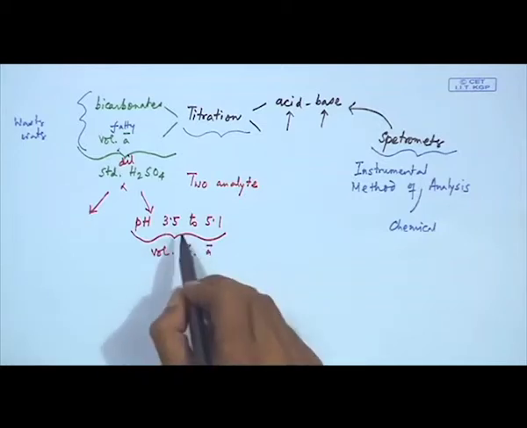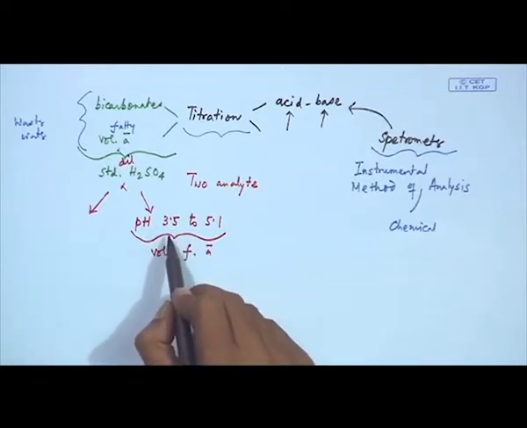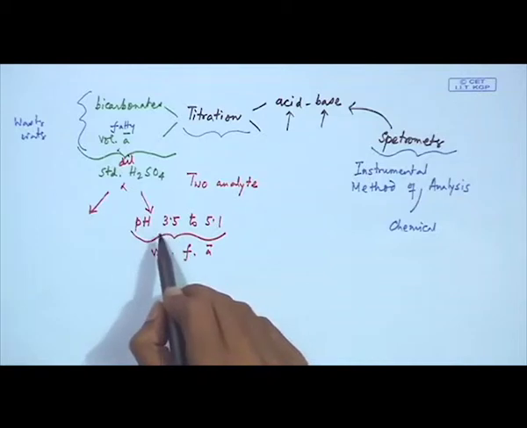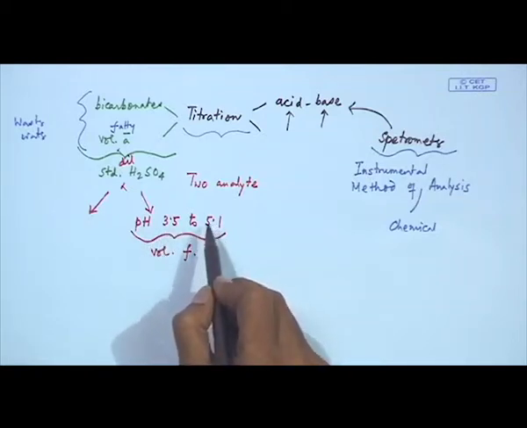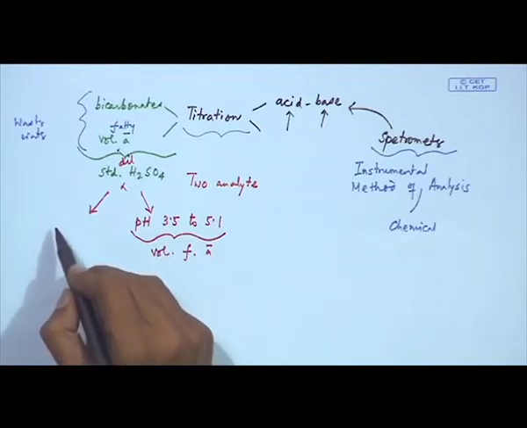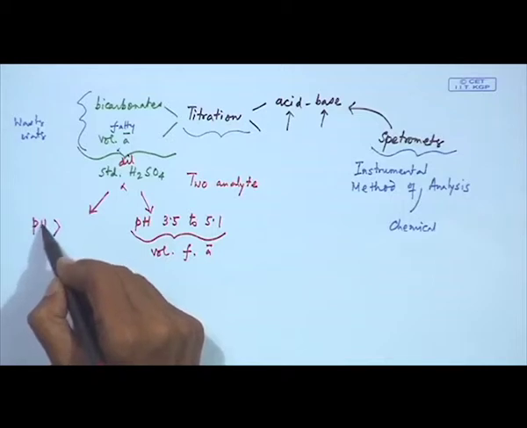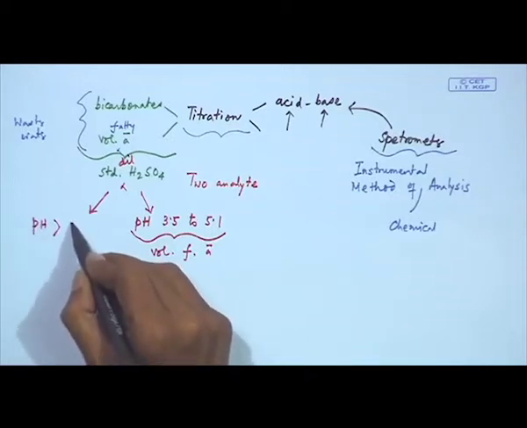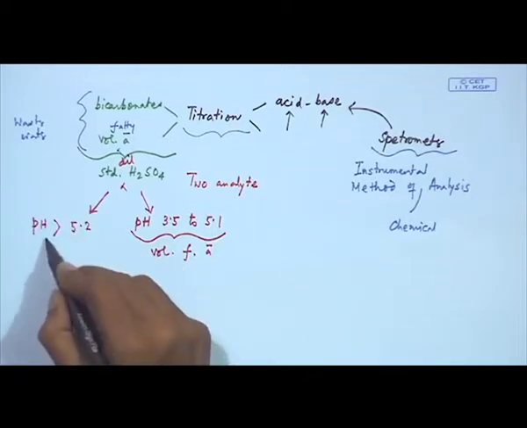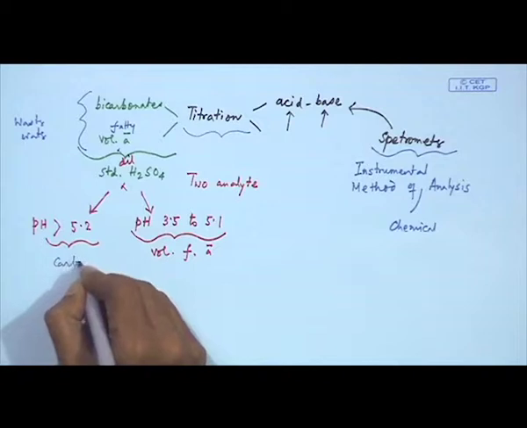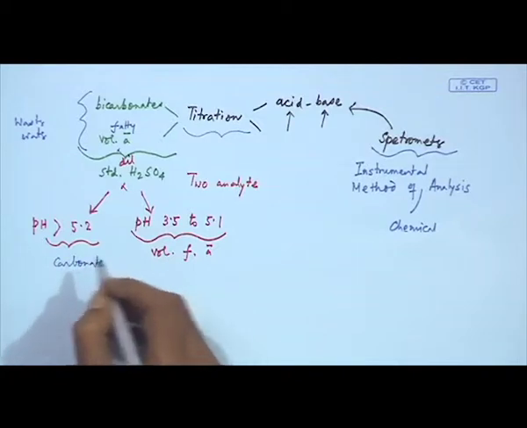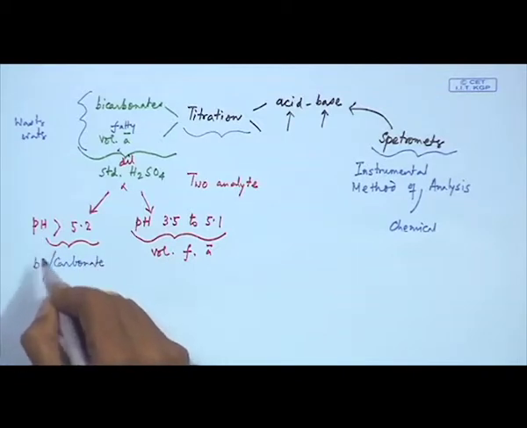The fatty acid neutralization can give rise to the endpoint at a pH value of 3.5 to 5.1. In another case, the pH of the neutralization point can be above 5.2, which can be for the amount of carbonate present, carbonate as well as bicarbonate.